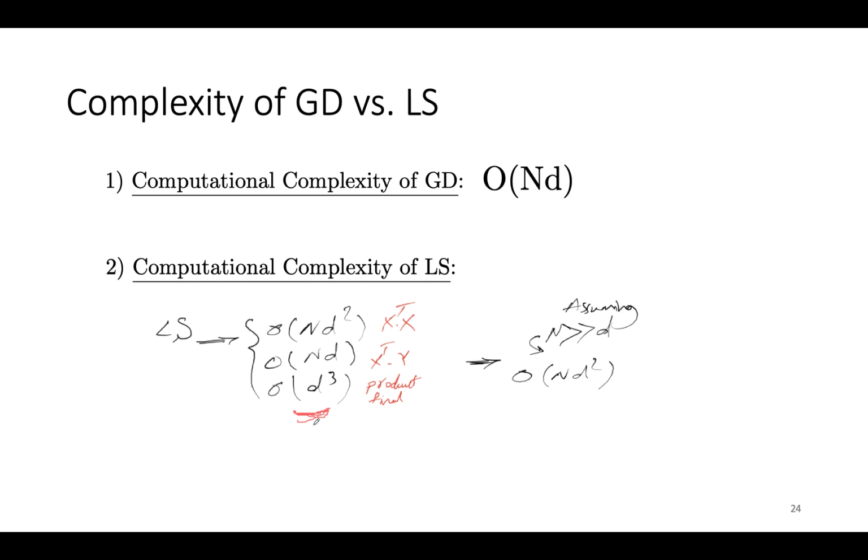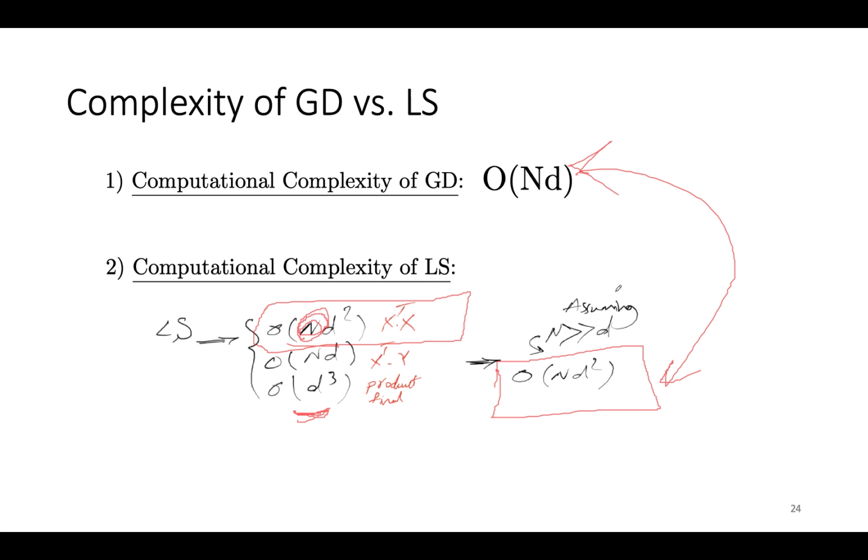So now between this d cube and nd square, if your n is very, very large, which is almost all the cases, this is the dominant computationally complex fraction of the formula, right? So if n is way, way bigger than d, the order of complexity for applying that least square method is much higher than gradient descent.